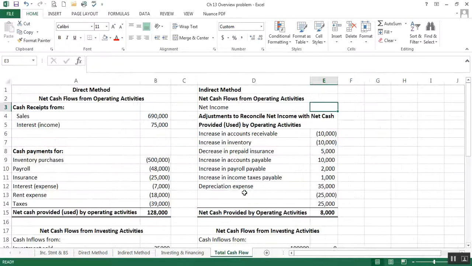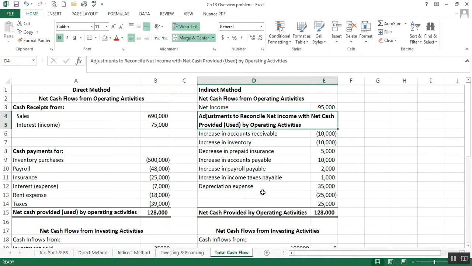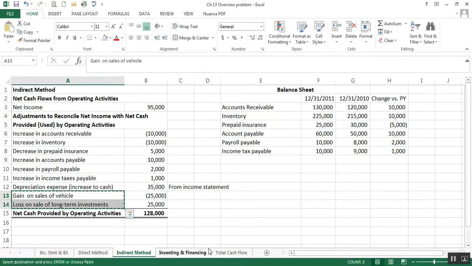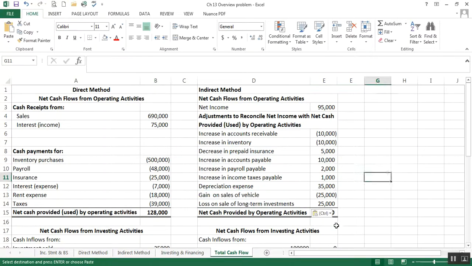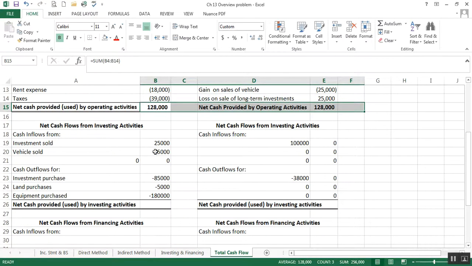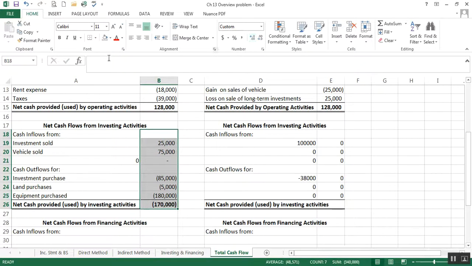So let's look at our total cash flow statement under both methods. So this is exactly what we did under the direct method and the indirect method, and remember they're both the same. So let's capture that. Oh, 95,000 here. All right, so we've got to add those there. Okay, so you'll see 128,000 for operating. This is a little messy, but we'll just fix it right up.